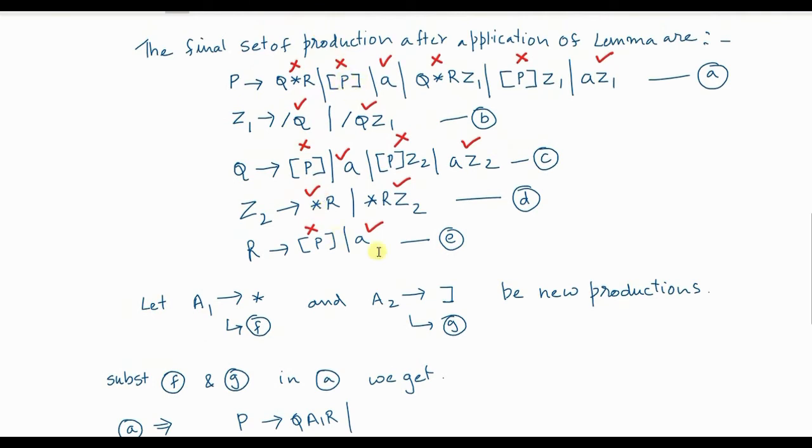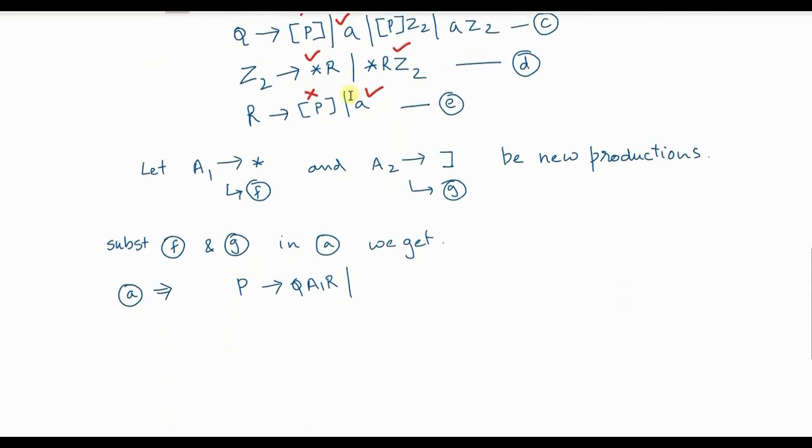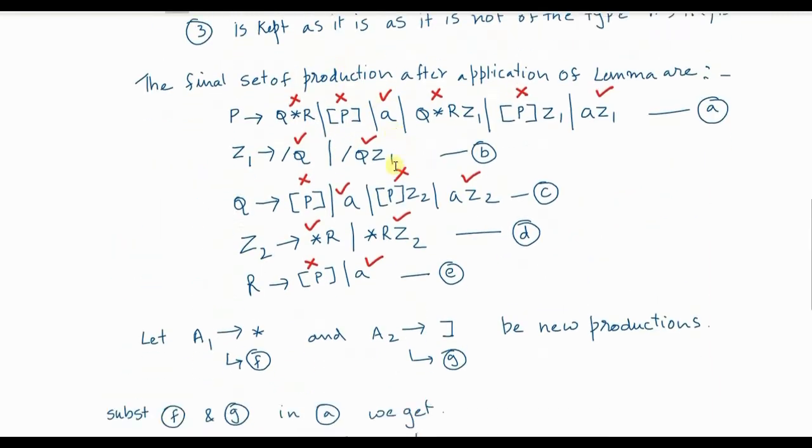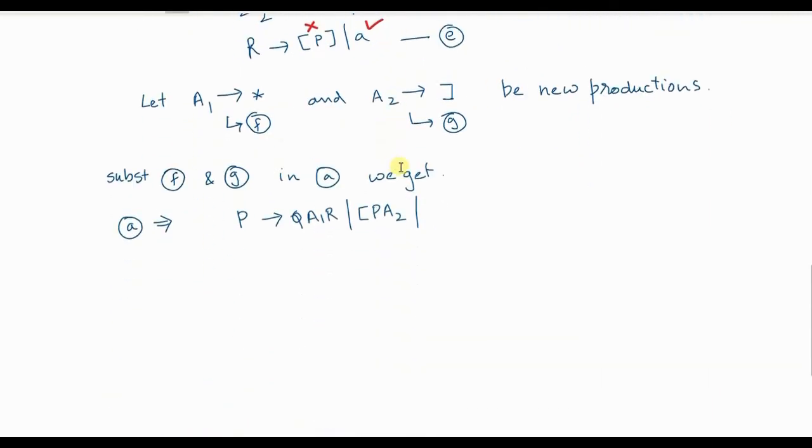Here, wherever there is a closing bracket, I will be replacing it with A2. So it will be opening bracket P A2, opening bracket P A2. Now this term is in GNF. Now the third term A is already in GNF, so no problem.